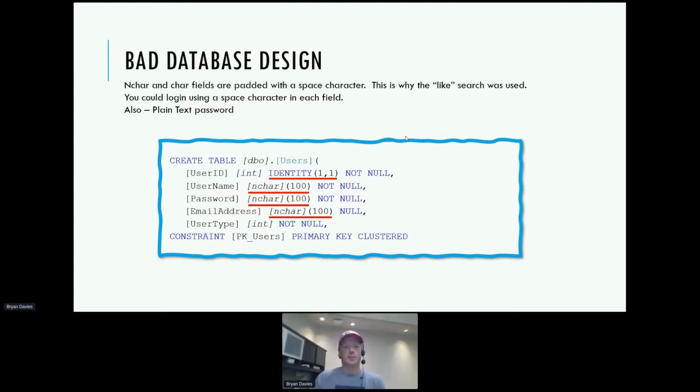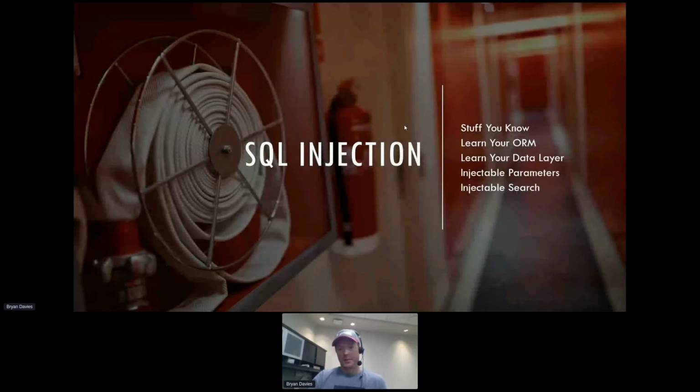There are probably trim statements all throughout the code to manage this, and you'll essentially make them not required anymore. But it's really important to fix this stuff, and don't be afraid to snoop at the database. That's the other thing I see, and I'll get into that a little bit, where developers are afraid to go past the data layer. So that actually brings me to SQL injection.